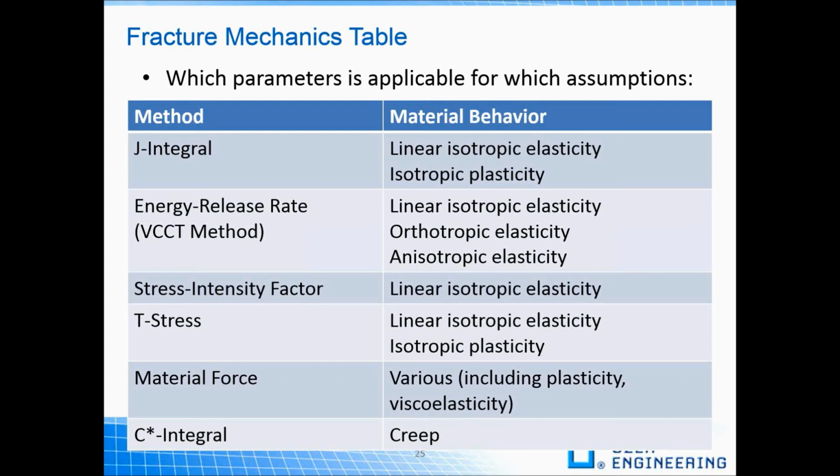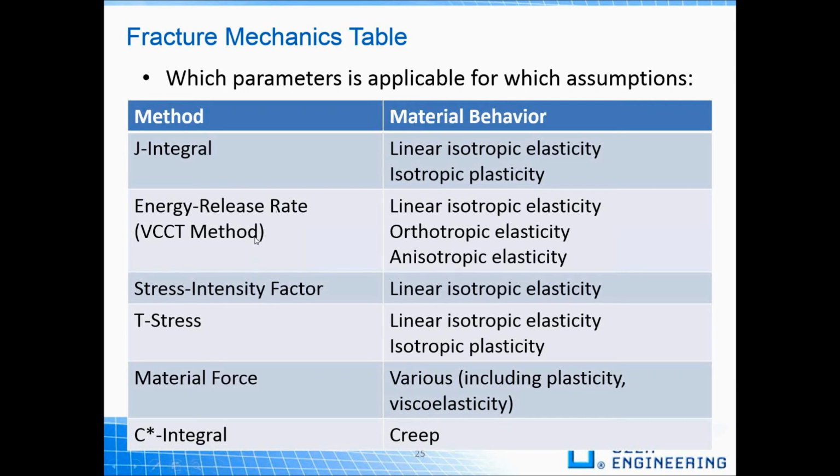So one might ask, why are there this many different methods or parameters to calculate fracture mechanics? And the answer to that question is that each method provides solutions under a different set of material behavior. When calculating energy release rates with the VCCT method, the mesh in the vicinity of the crack must contain only 2D quad elements or 3D hex elements.